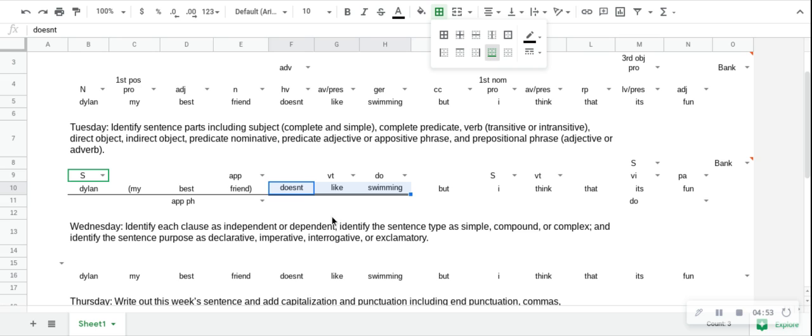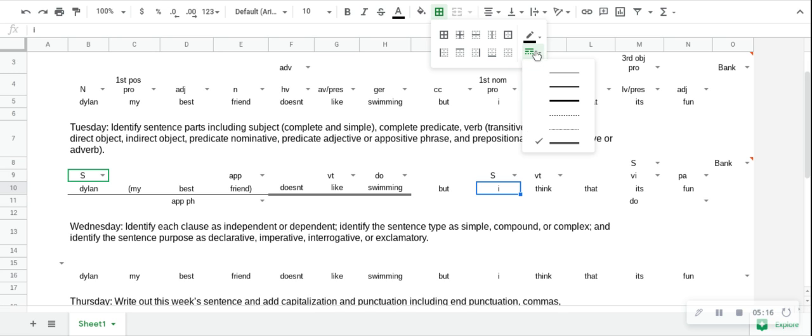So Dylan, my best friend, his action is doesn't like swimming. All right. Is there anything that modifies I? Okay, so once we get into the verb, we know we're into the predicate. Does that make sense? Does anything modify I directly? Nope. So the simple or complete subject is I.